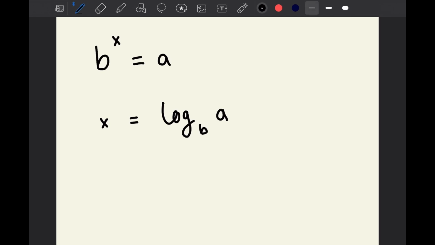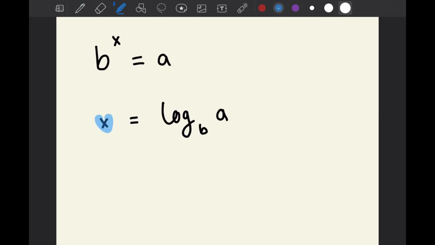If you have b to the power of x is equal to a, and you know b and a, then x will equal the logarithm base b of a. In a logarithm, this is the base, and this is the 'of'. I hope that makes sense.